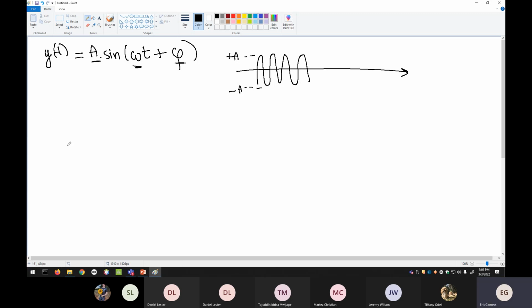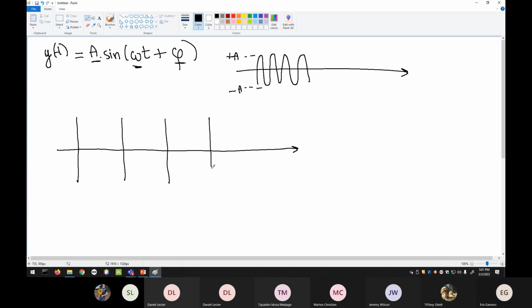So let's say that I want to transmit some bits using amplitude modulation. I want to transmit, let's say, 0, 1, 0, 1, 1.